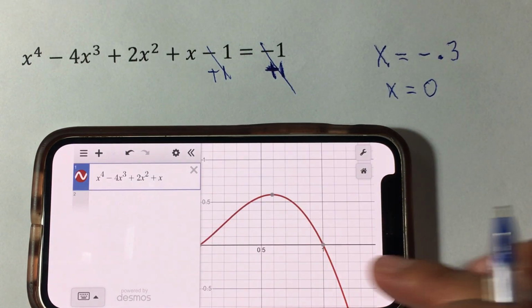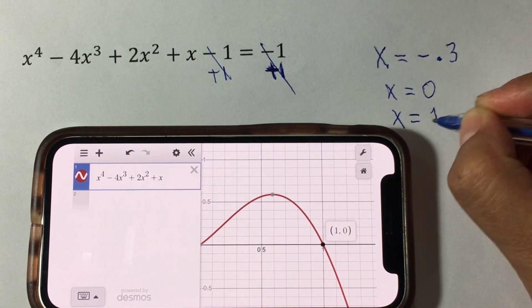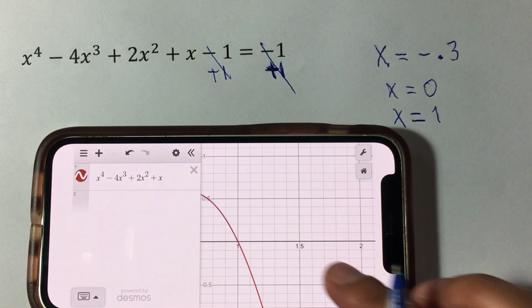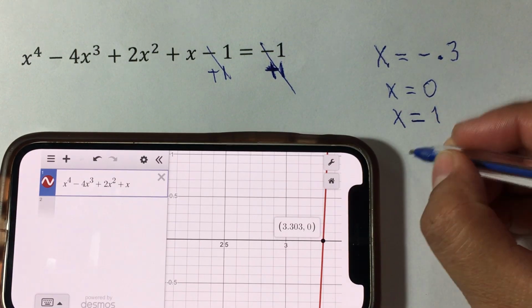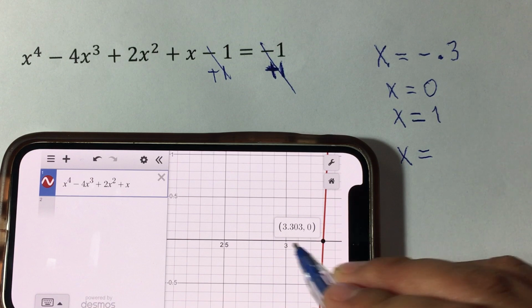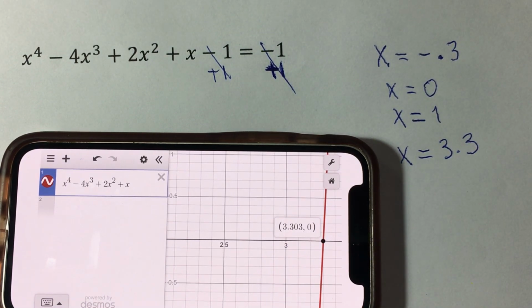For the next one, x is equal to 1. Then we go over here, and finally x is equal to positive 3.3.